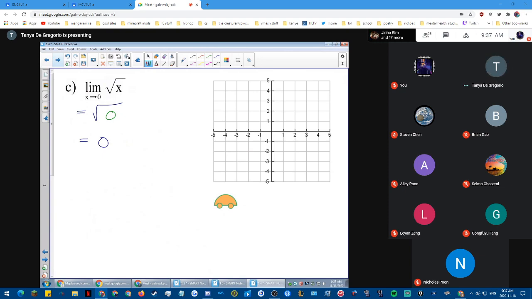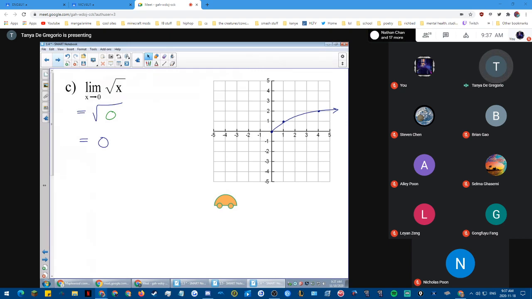If I can graph it, what are some points on my graph? Okay, 0, 0. What else? 1, 1. And then 4, 2. Beautiful. There's my root function. What do you guys think? Would the limit equal 0?